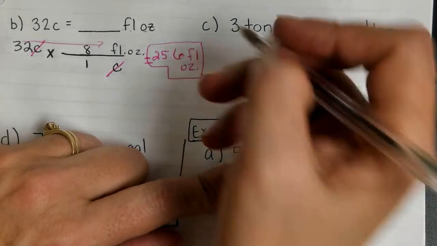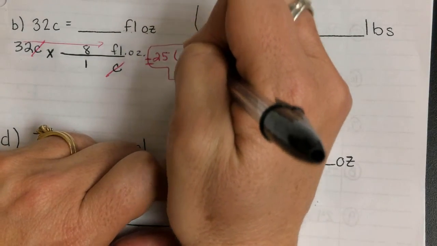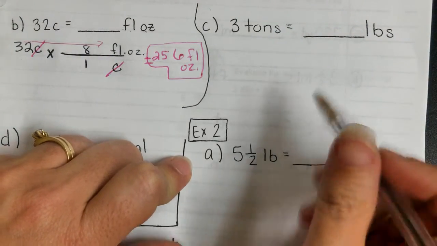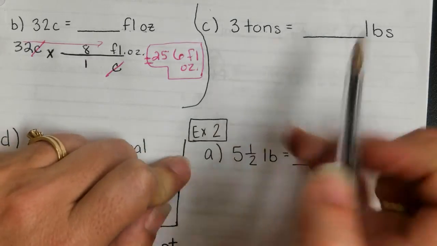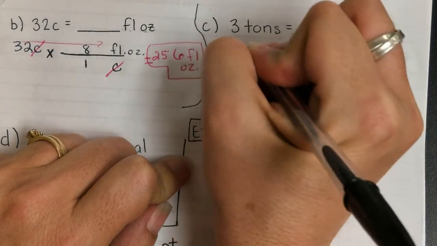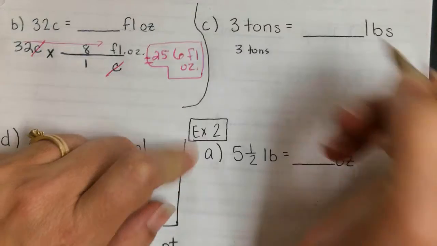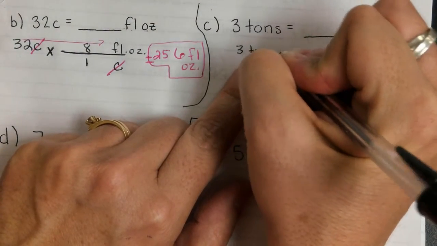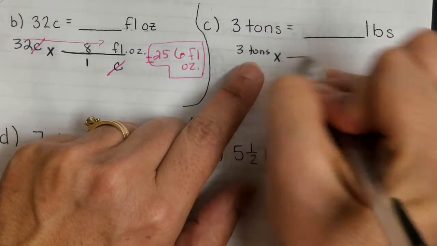Okay, and luckily this week, guys, we do the same thing. Here we go. 3 tons. 3 tons is what they gave me. I'm going to put it on top. I know the next step is I'm going to put a multiply sign and a fraction bar.